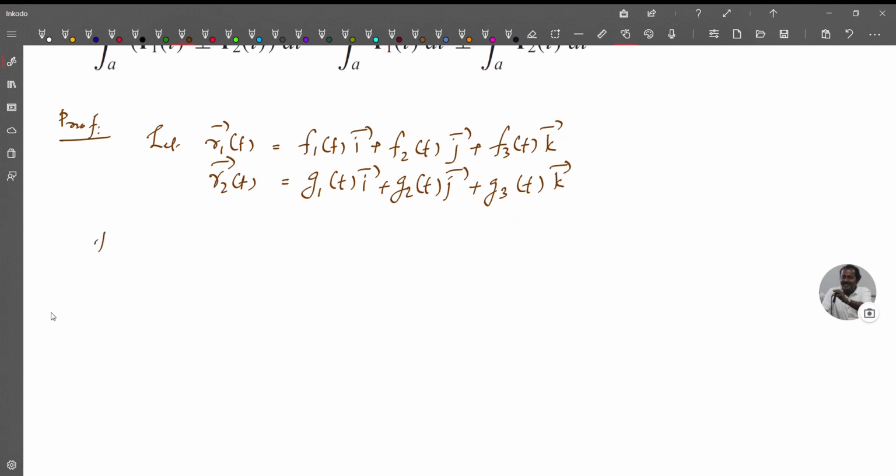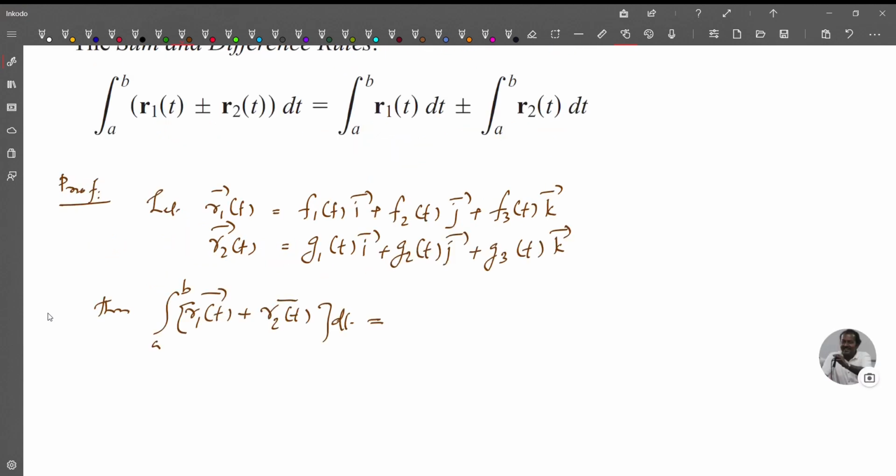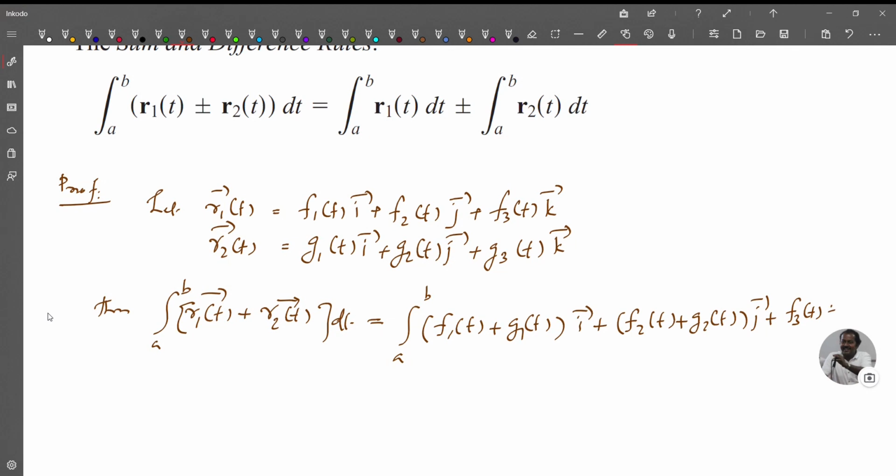Then integral a to b r1 of t plus r2 of t dt, this is equal to integral a to b f1 of t plus g1 of t i plus f2 of t plus g2 of t j plus f3 of t plus g3 of t k dt.